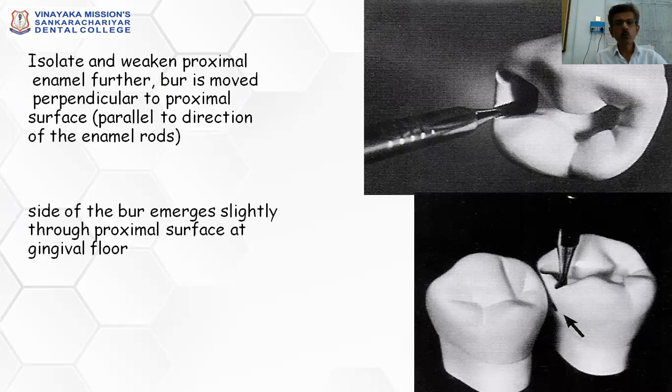The burr is moved perpendicular to the proximal surface, parallel to the direction of the enamel rods. Side of the burr emerges slightly through the proximal surface at the gingival floor. You can see in the right side picture how two notches are placed, and then later these notches are being connected.